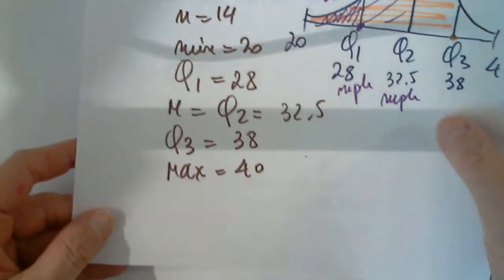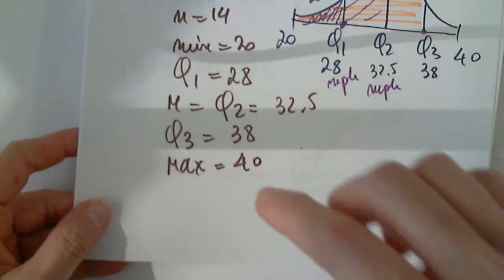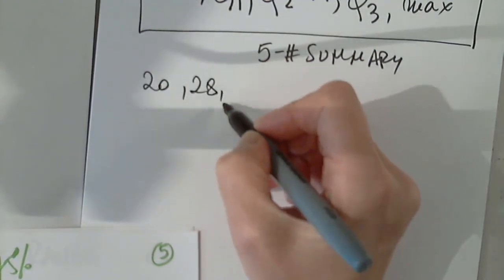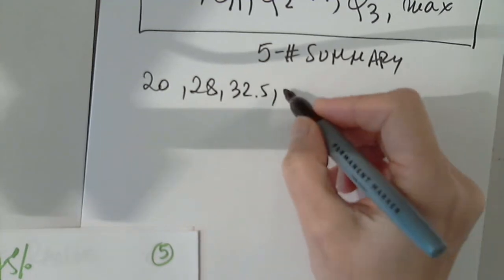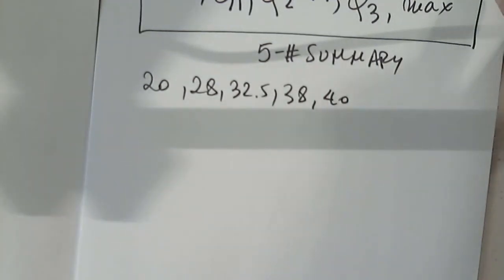So for example 3, we already have determined all of them. I can go back. 20, 28, 32.5, 38, and 40. I'm going to copy them here, so I don't have to go back 5 pages.